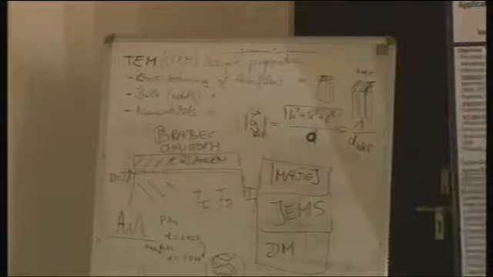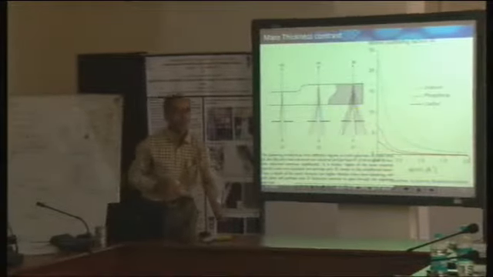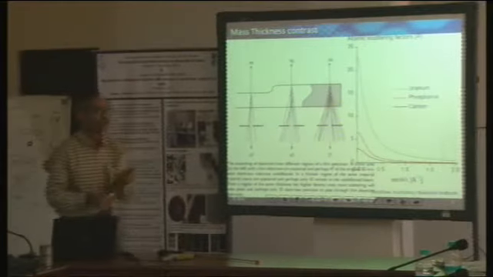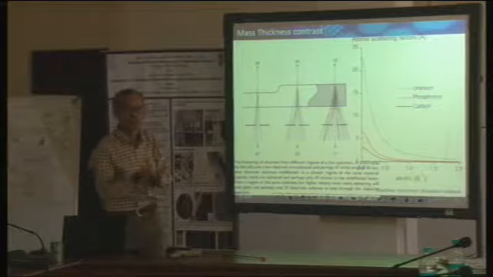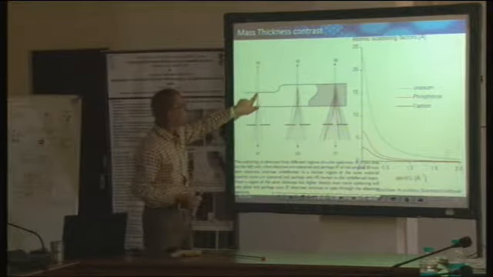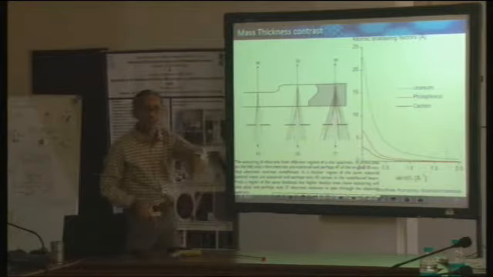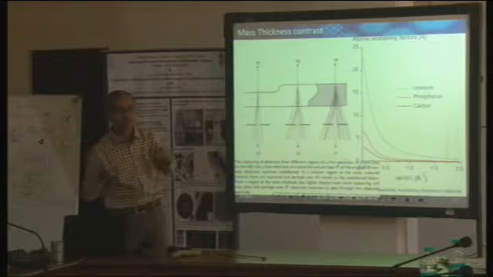Now I get an image. You know the definition of an image is that to every point in an object, I have a corresponding point in the image. So to every point in this region, I get a corresponding point in the image, and the same for every point in this region.